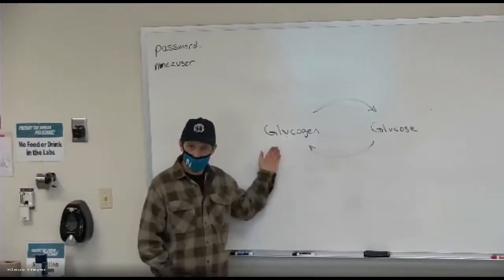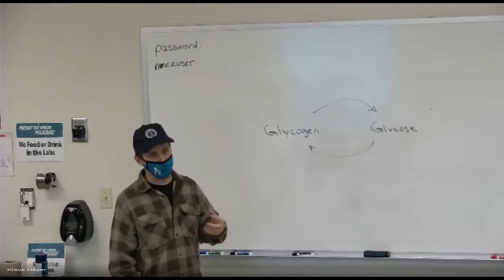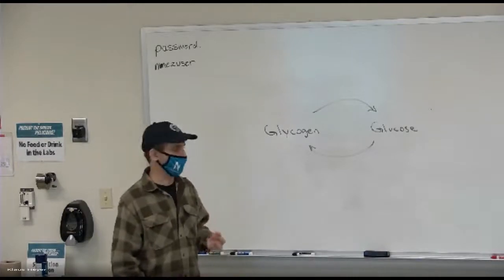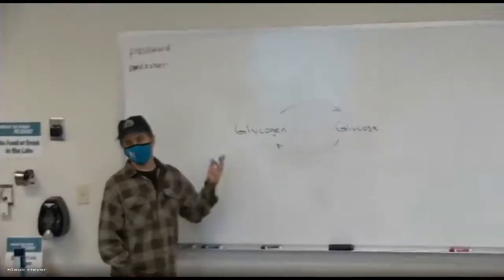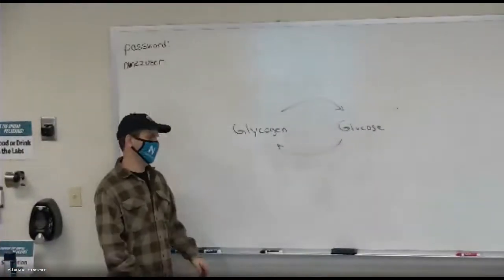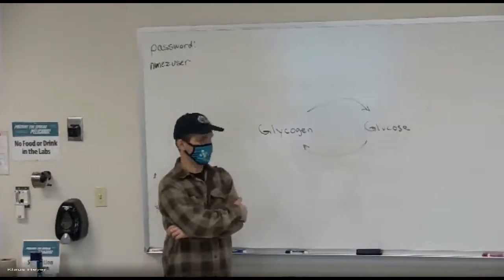Glycogen is stored in your liver and your muscles. Glucose is in lots of places, but in your blood, amongst other places.